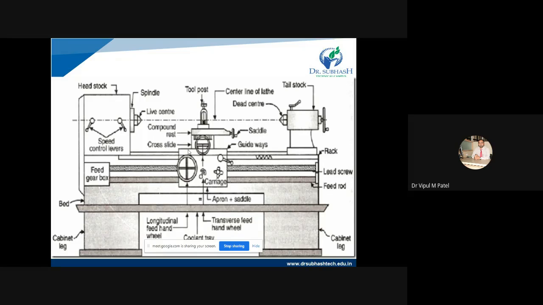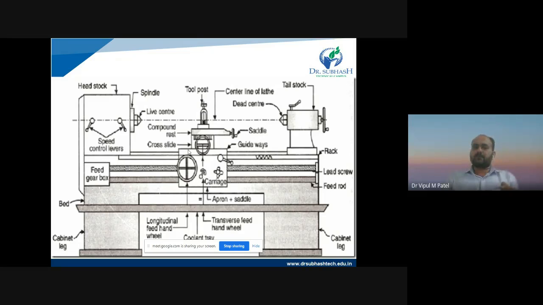If we can rotate the spindle, then definitely we can rotate the rotating device like a chuck or faceplate. With the use of that chuck or faceplate, we can easily accommodate the workpiece or job and rotate the workpiece.